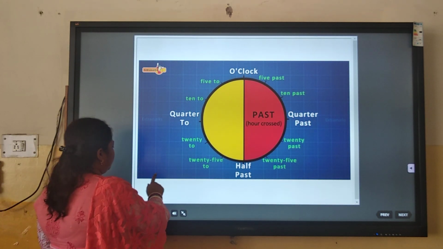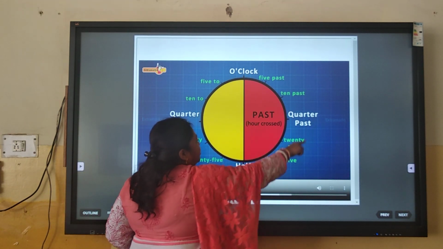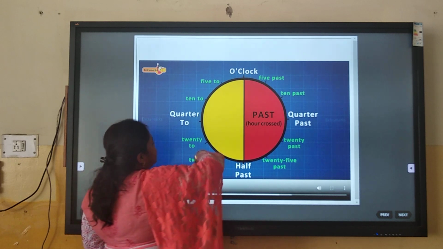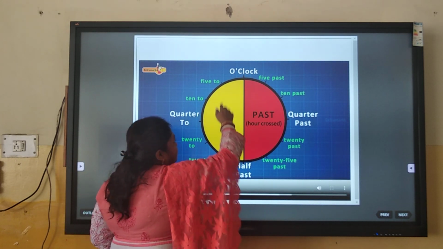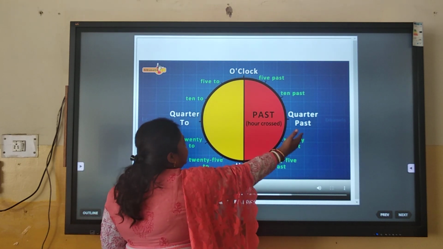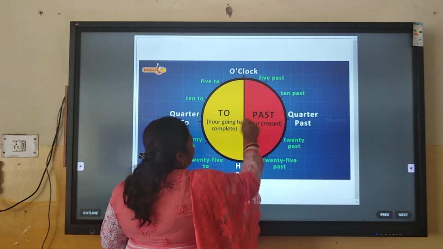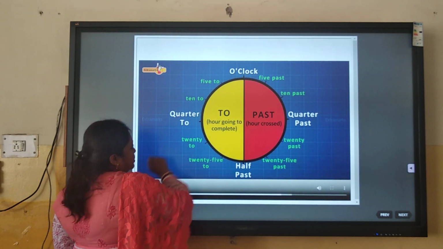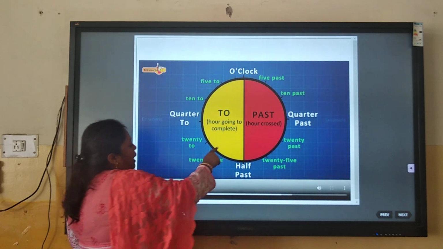Before that, you should know why for some numbers we are writing past and for some numbers we are writing to. The first half of the clock, or we can say the right hand side half of the clock, is called the past half, because the minute hand has crossed all these numbers.